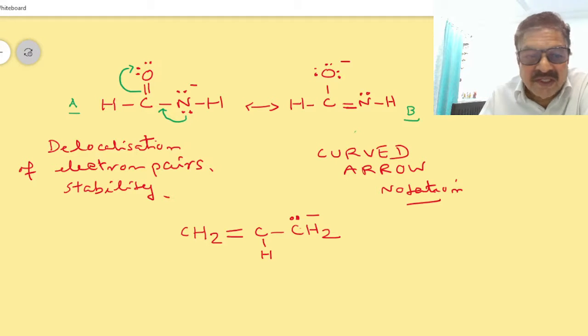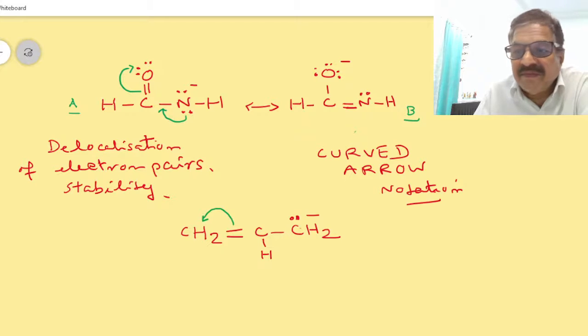Now the electron movement will be like this: from the pi bond, the double bond, it will move like this, and this lone pair will move like this.